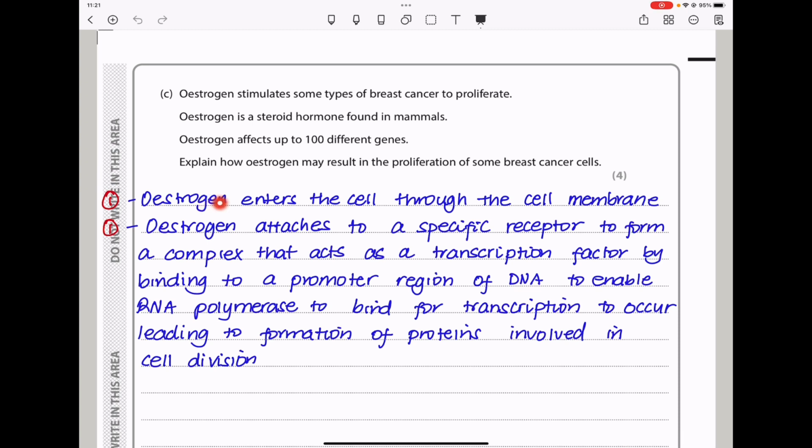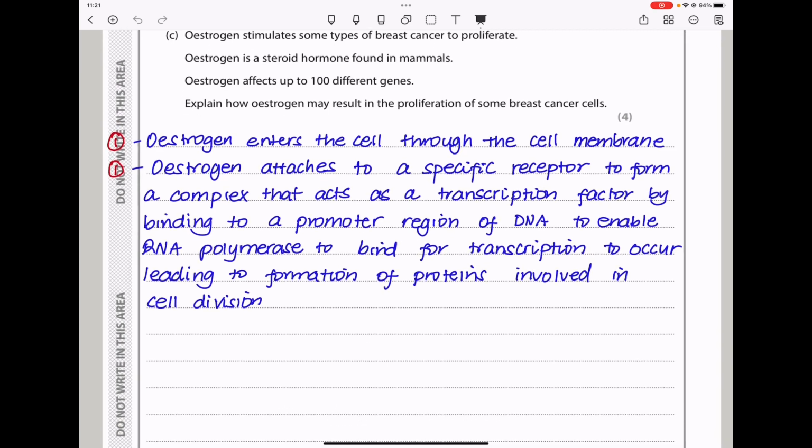So I said estrogen enters the cell through the cell membrane. Then estrogen attaches to a specific receptor to form a complex that acts as a transcription factor by binding to a promoter region of DNA to enable RNA polymerase to bind for transcription to occur. This leads to the formation of proteins involved in cell division.